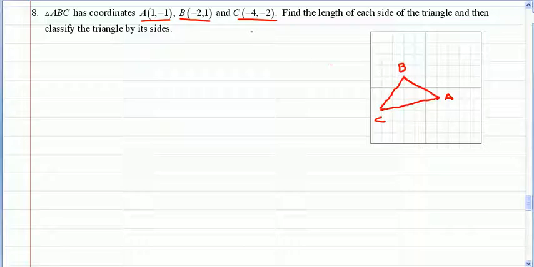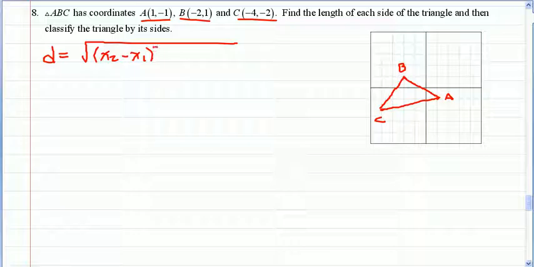So when I'm given coordinates, the way I find the length of each side is to use the distance formula. And just to refresh with the distance formula, it's the square root of x2 minus x1 squared plus y2 minus y1 squared.